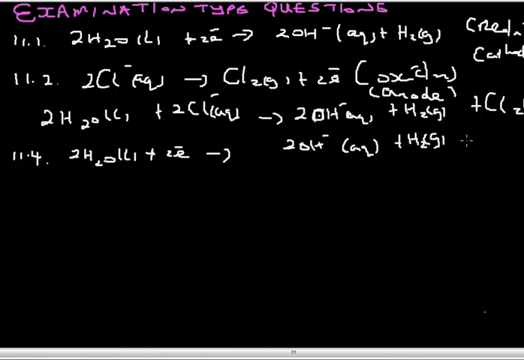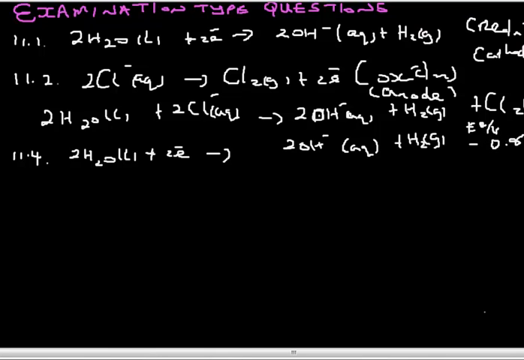This one is a reduction reaction, and the electrode potential for this cell is minus 0.83, from our standard reduction potentials, right?